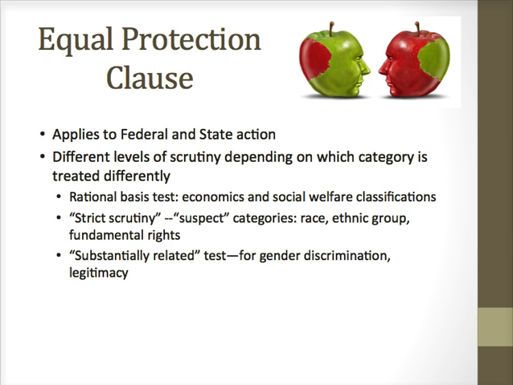Maybe you don't have to have the really, really good reason that you see under strict scrutiny, but you still need to have a good, solid reason, government, for distinguishing between people based on gender or based on legitimacy.